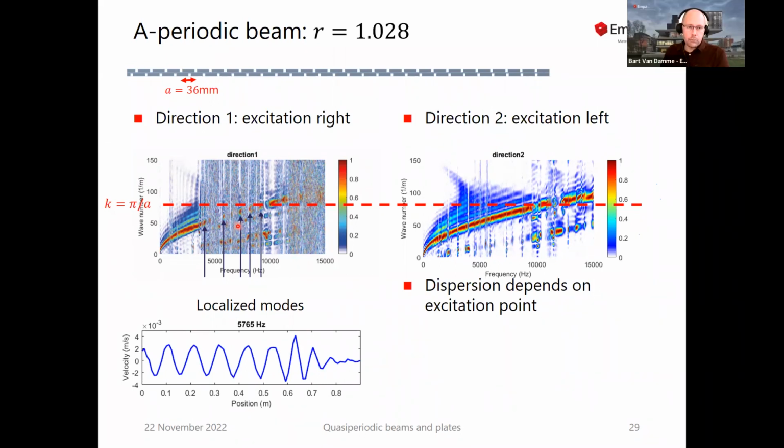What I didn't show today and what we're also working on is changing the dynamic stiffness of structures using piezo elements, shunted piezos, where you can basically program which parts you want to have a very low stiffness and other parts that have a very high stiffness.